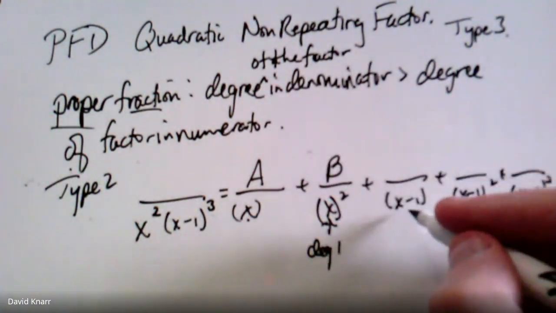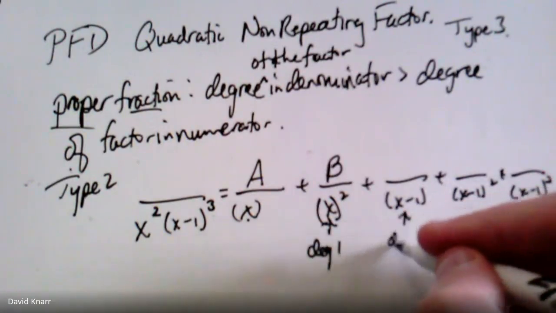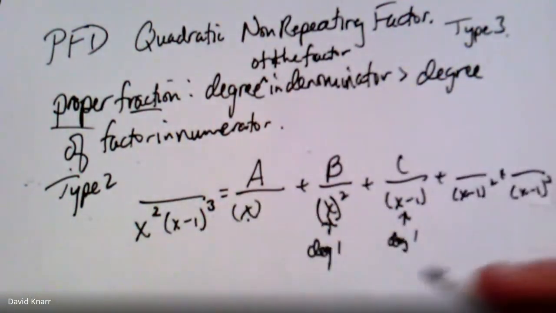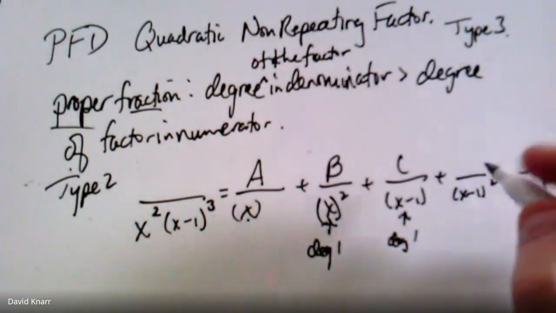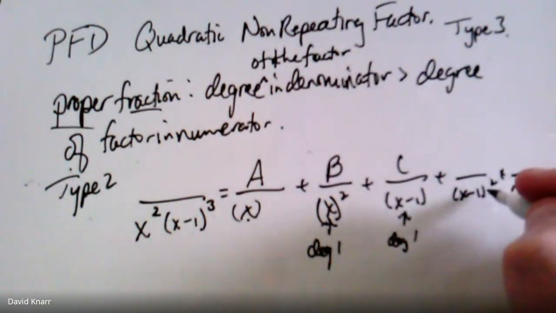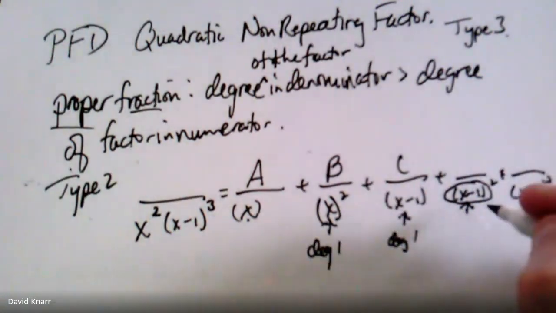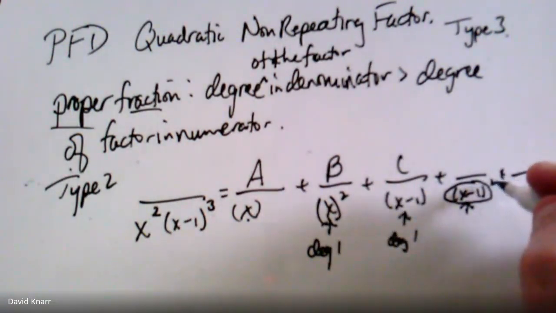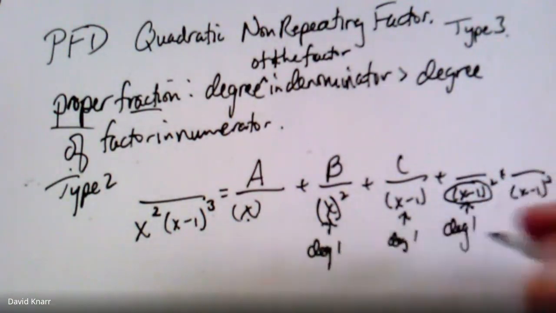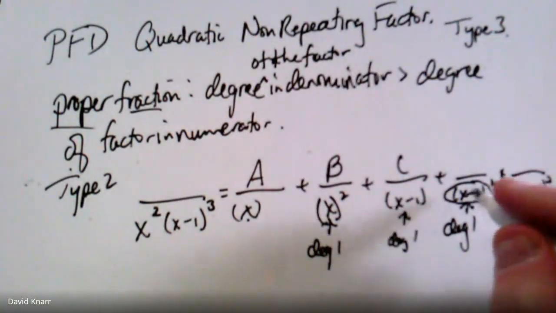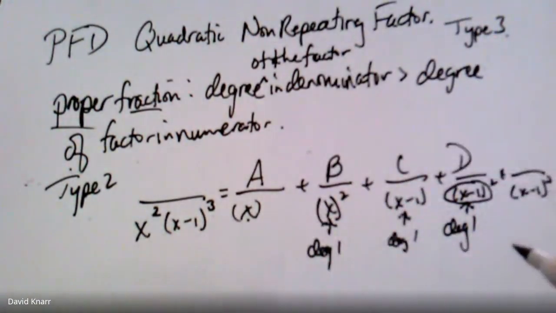The next term was an x minus 1. This was degree 1. So on top, we put c, just a number. The next term has a linear factor. The factor is x minus 1. It happens to be squared. So the factor was degree 1. So on top, we put a d.